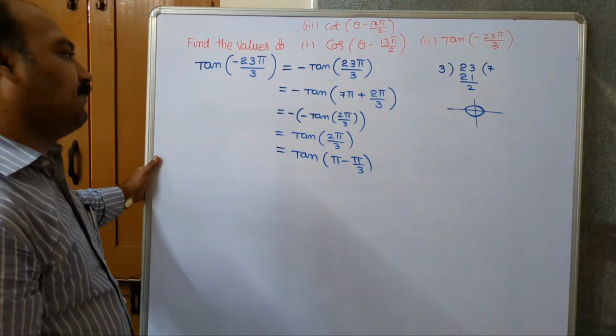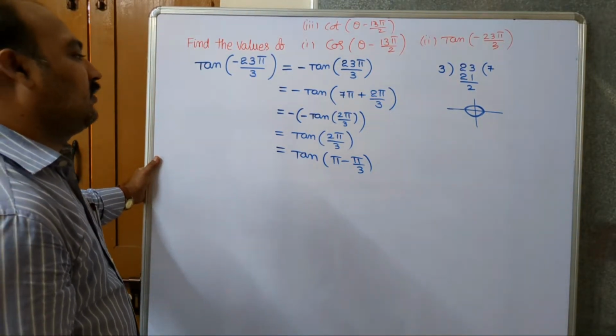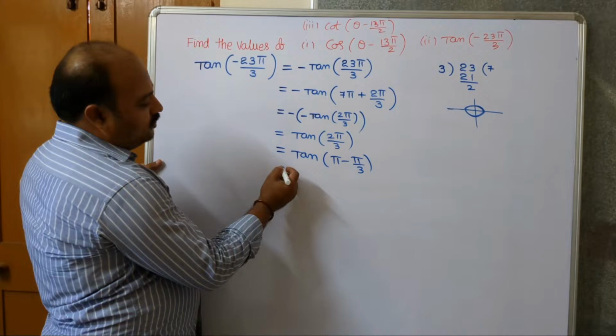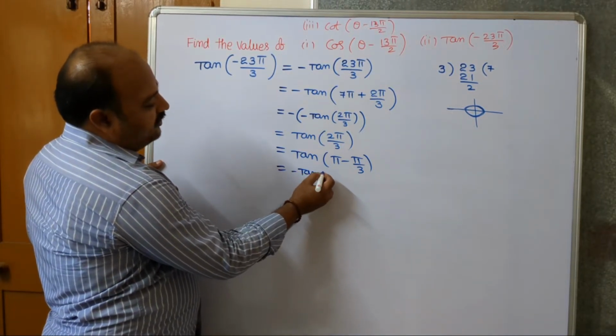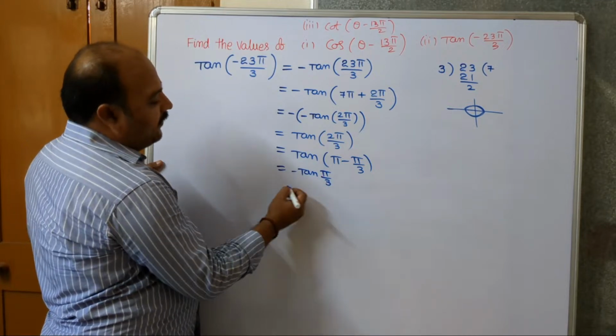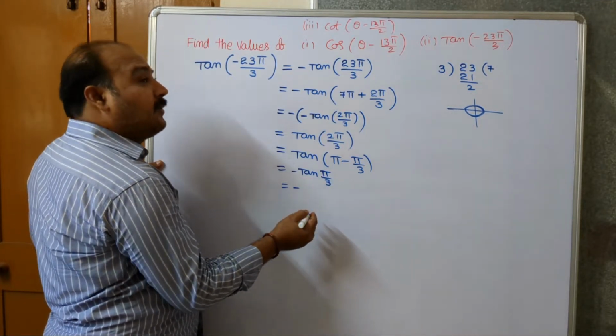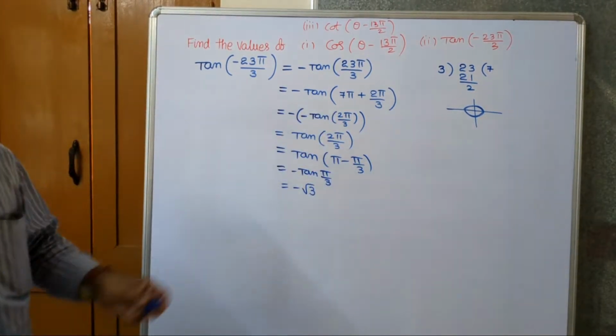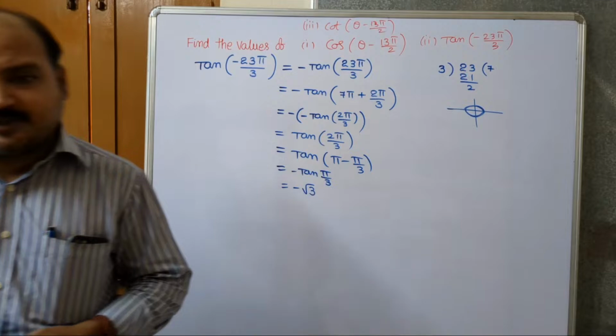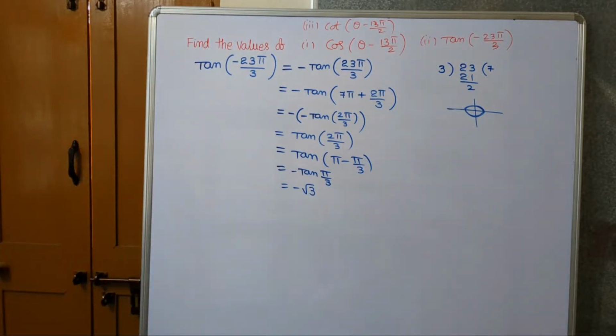That is okay. So minus tan pi by 3. Minus tan pi by 3 means tan 60, root 3 will come. So this is the way we can do this, students. Now we will move to another question.